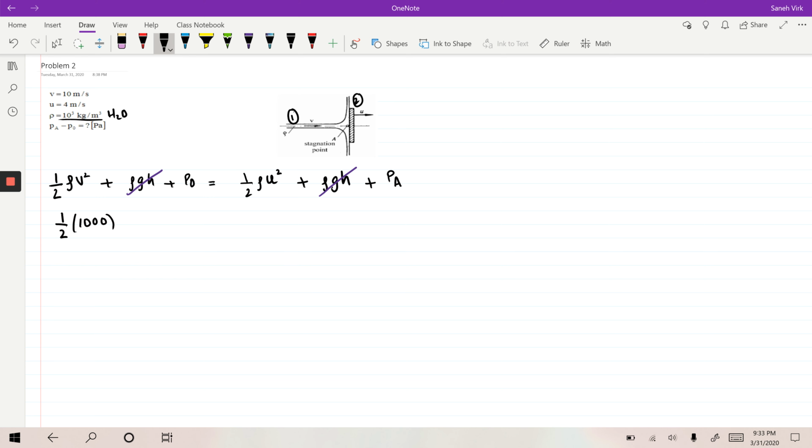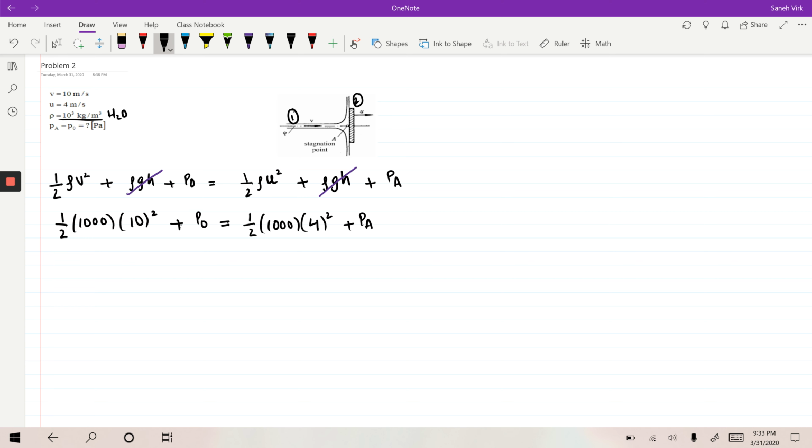What is v? Which is 10 squared plus P naught equal 1/2 1000. And then u is 4 meters per second squared plus PA.